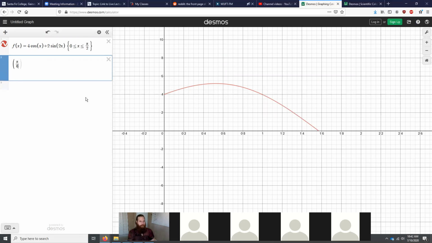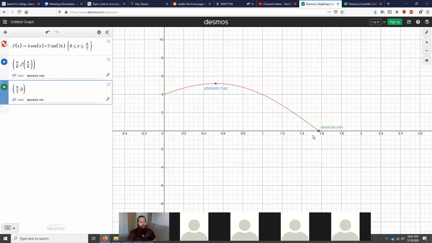So pi over 6, comma, f of pi over 6 is this point, my abs max. And then my absolute min was at the endpoint. All right? So this absolute max is also a local max. This absolute min is technically also a local min, but it's not coming from a critical number, it's coming from the endpoint. And the endpoint on the left didn't contribute anything.